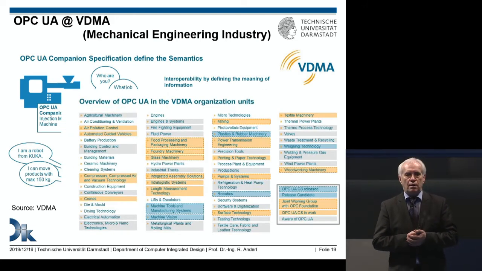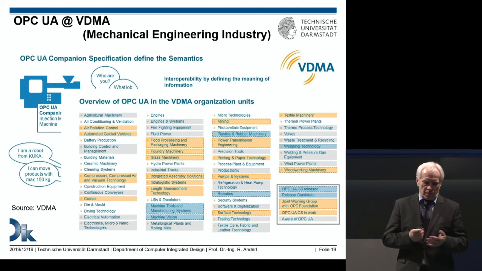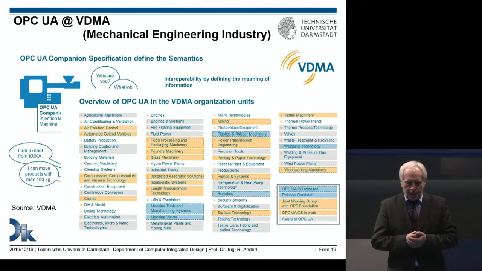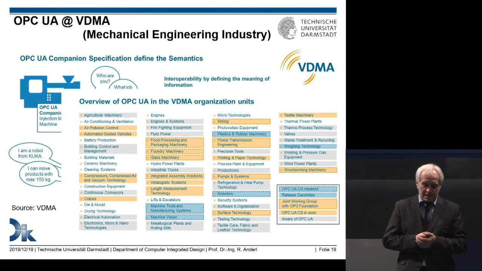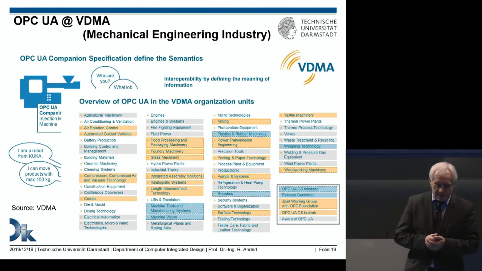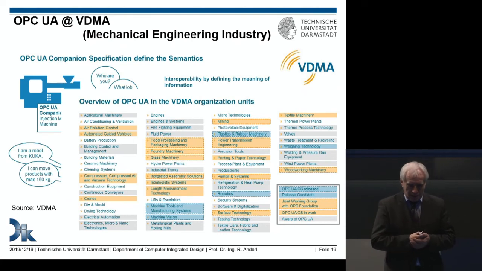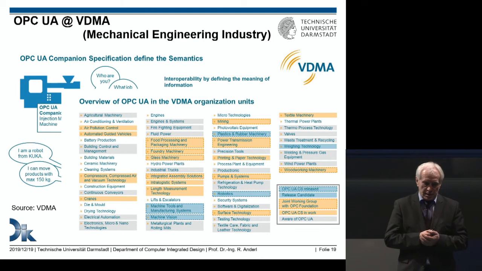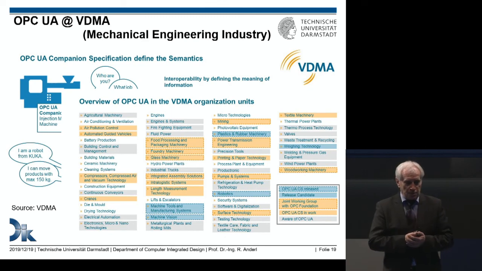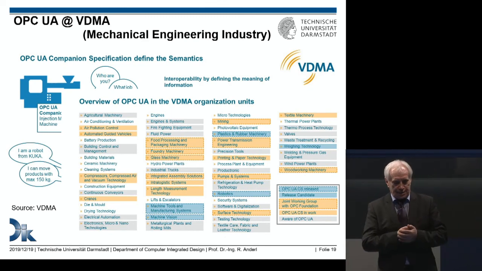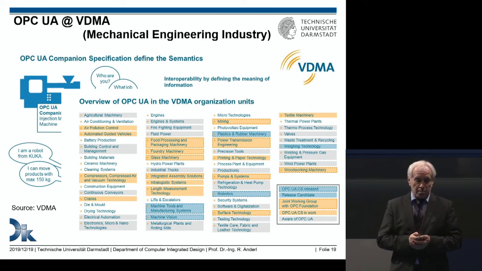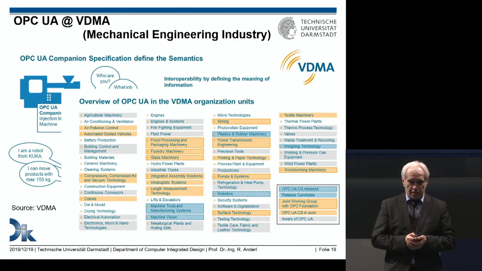And here is a snapshot of the various industrial units from mechanical engineering at VDMA, indicating in blue color OPC UA companion standards which are released. The orange ones, they are in progress, and the gray ones, here the awareness has been created, and we are establishing in these branches the development groups. So you see that there is a very wide and broad acceptance of this technology in the industry, in particular in the small and medium-sized industry.